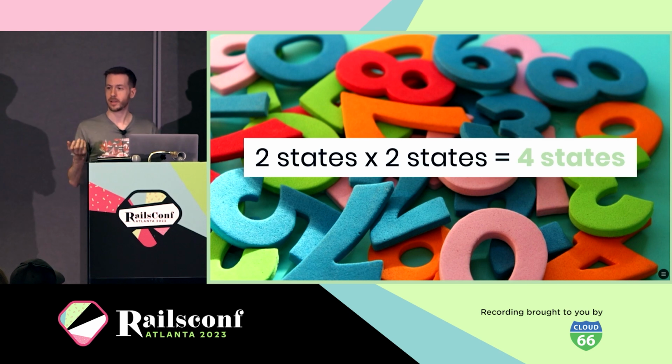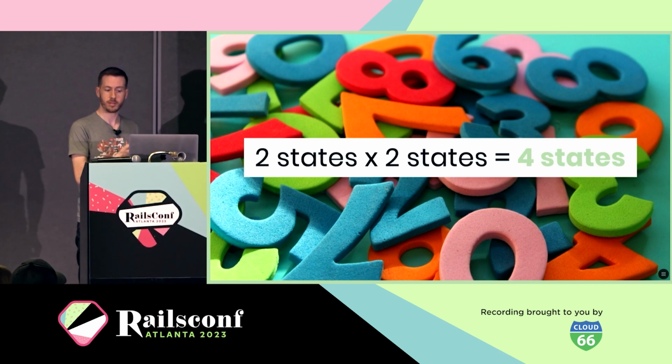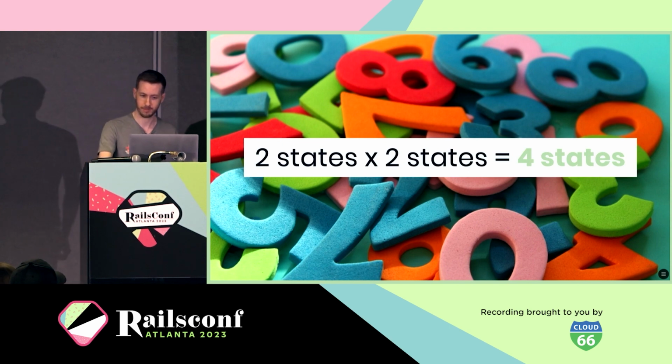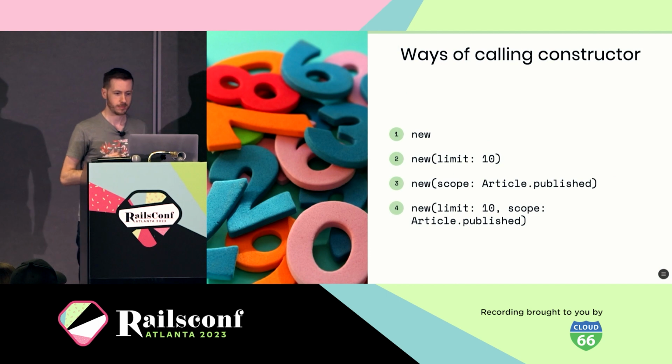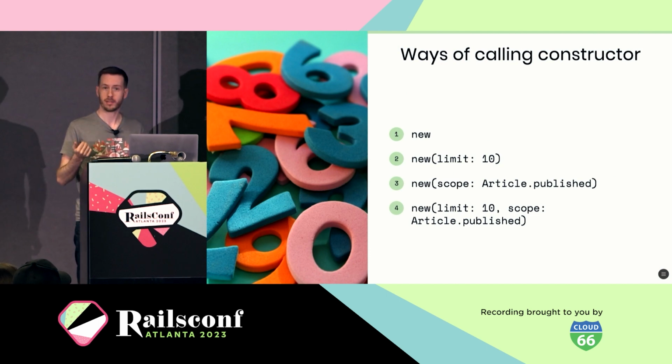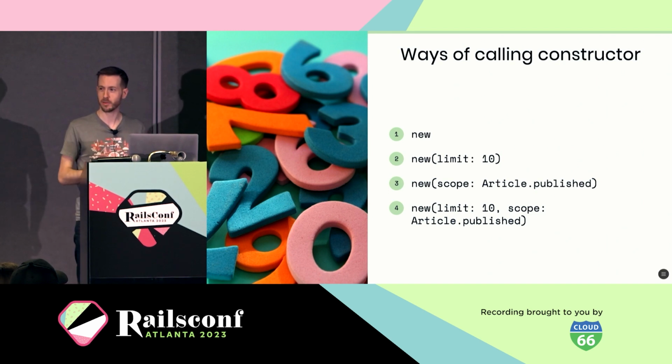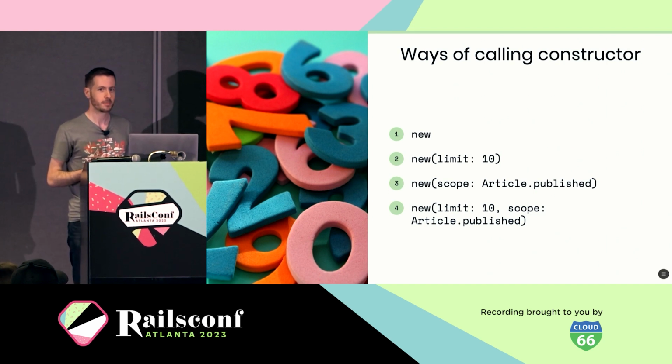So compound states multiply. 2 states times 2 states equals 4 states. There are 4 different ways of calling this method. We could call new just by itself. We could call new with a limit. We could call new with a scope. Or we could call new with both a limit and a scope. Did you remember to test all of those combinations? Probably not.